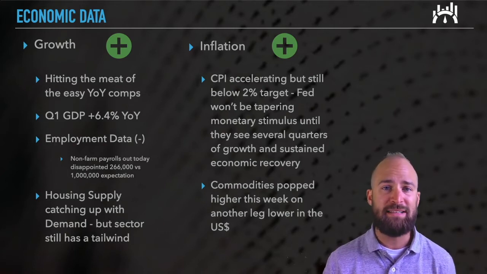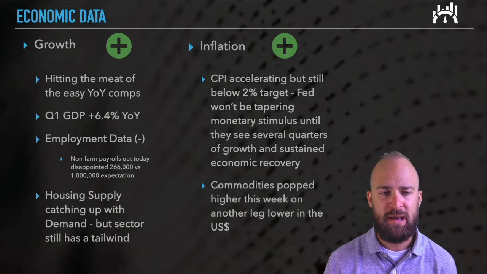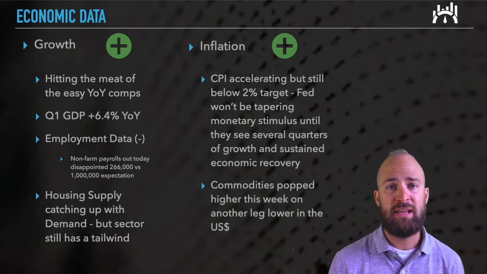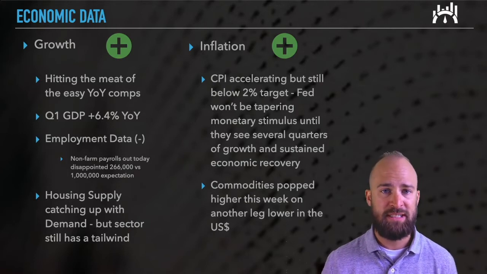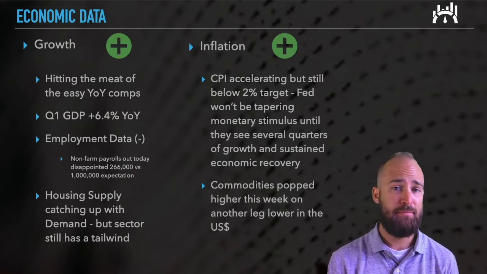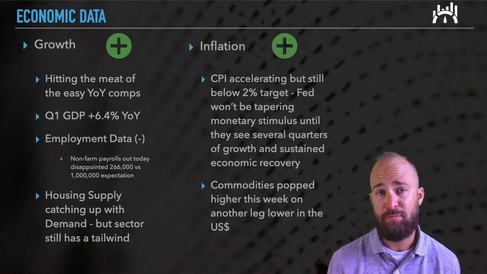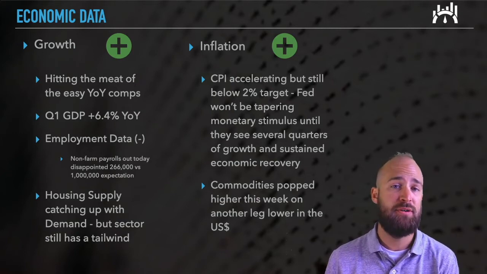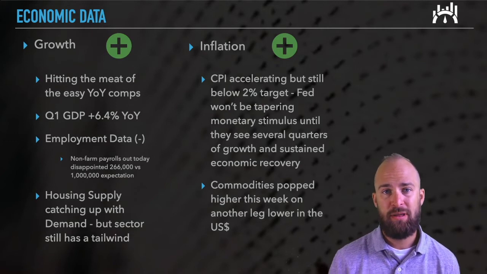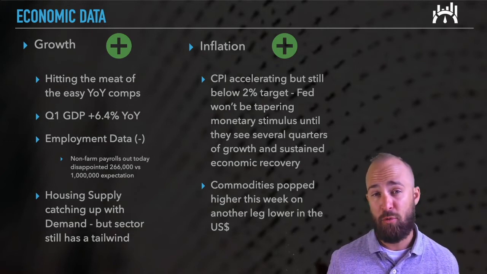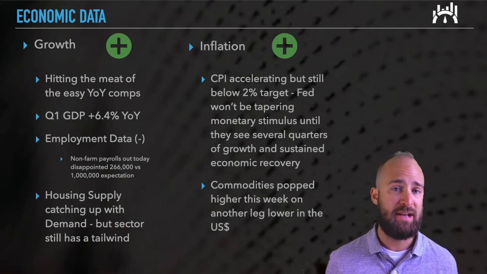And if you refer back to last week's big picture video, we talked about the two ways in which they're currently supporting the economy via monetary policy. On the one hand, their asset purchasing program, where essentially they're supporting the economy with $120 billion worth of asset purchases every month. So that's $80 billion a month in US Treasuries and another $40 billion a month in mortgage-backed securities.